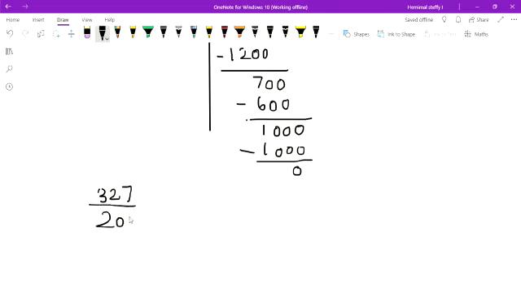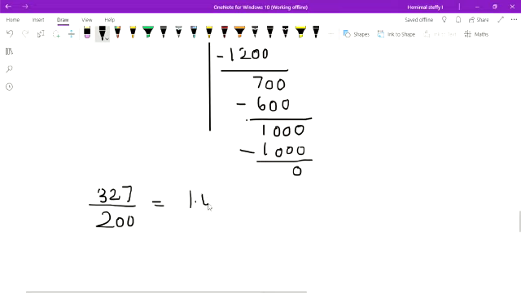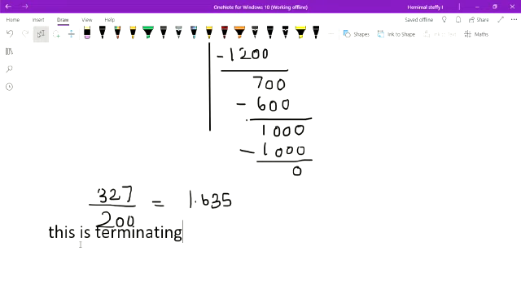It is equal to 1.635. So it is a finite number. So this is terminating. Is it clear, children? This is terminating. Okay. Thank you very much.